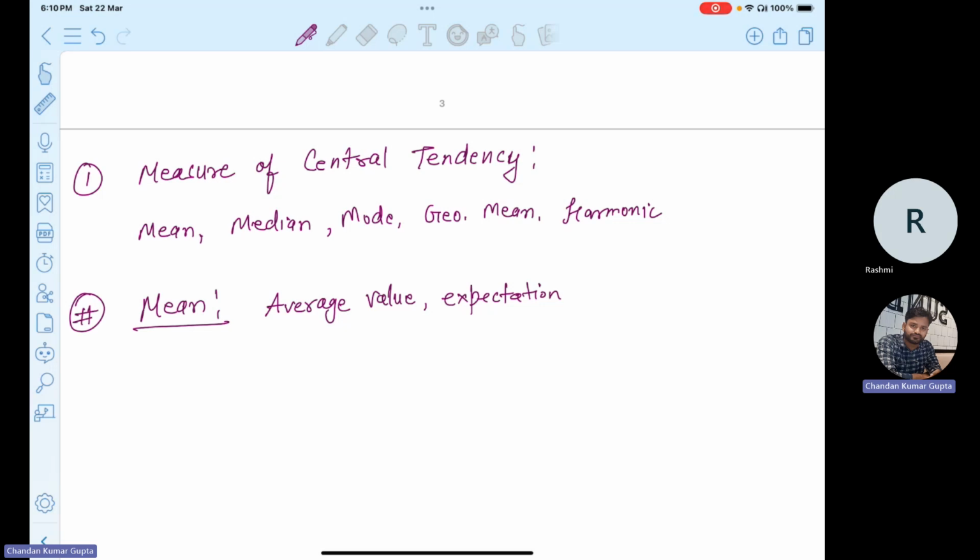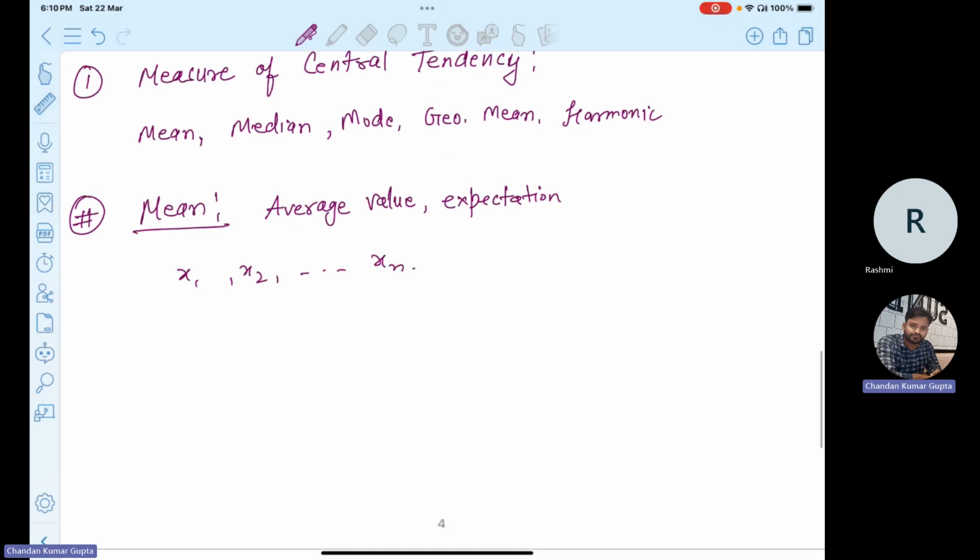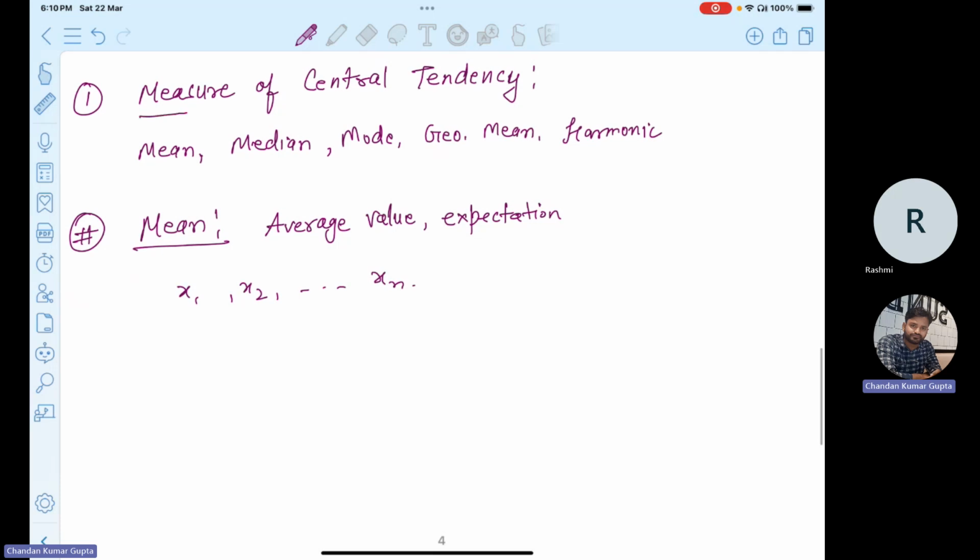Average, mean value, these are the mean. So we have different kinds of formulas for different kinds of nature of data. Suppose we have data x1, x2, and so on, xn, random samples. Then we have different forms of formulas for mean.